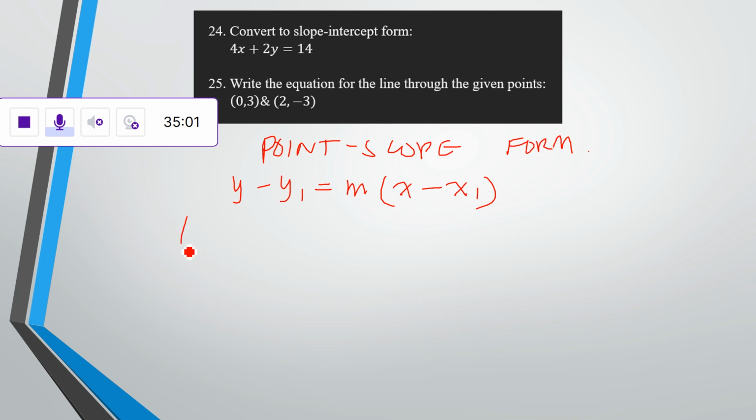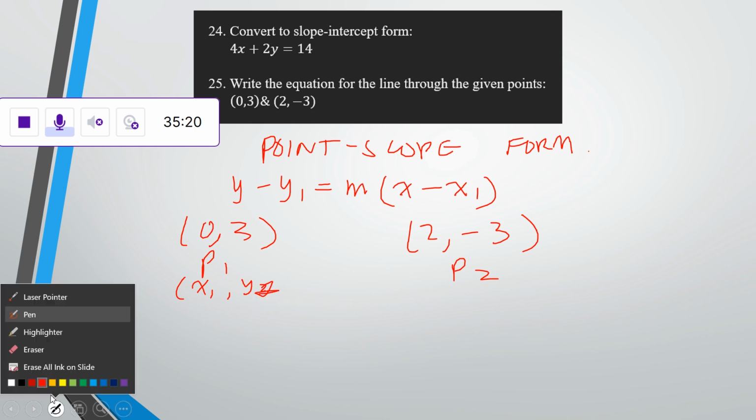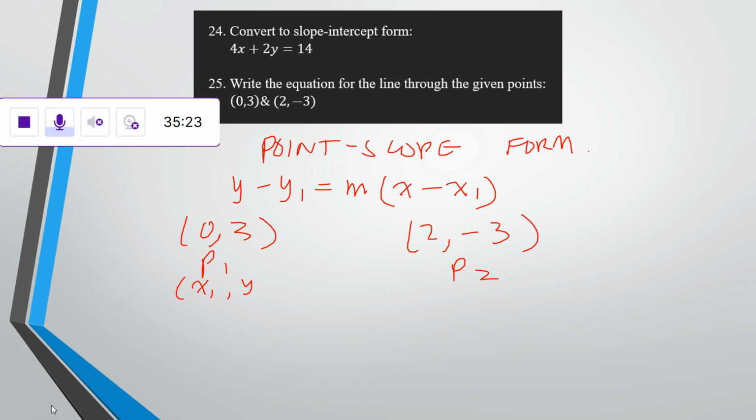So if we have these 2 points, (0, 3) and (2, negative 3), we want to first denote one of them as our first point and the other as our second point. And we know that in point 1, we only have x sub 1 and y sub 1 values, and in point 2, we only have x sub 2 and y sub 2 values.